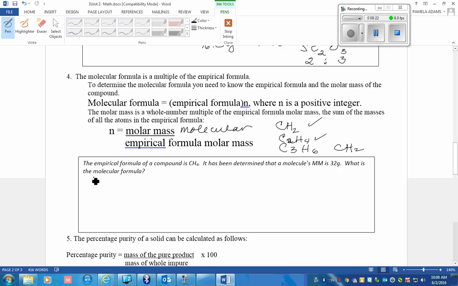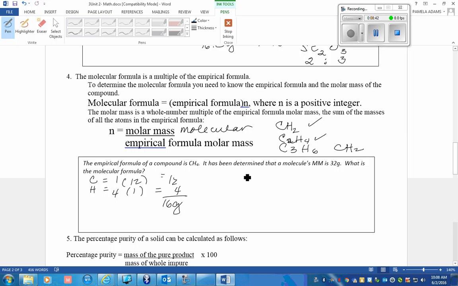First, we have to find the mass of the empirical formula. So there's 1 carbon, 4 hydrogens, and we can see that the molar mass of the empirical formula is 16.